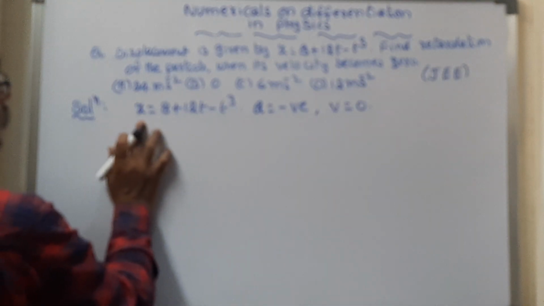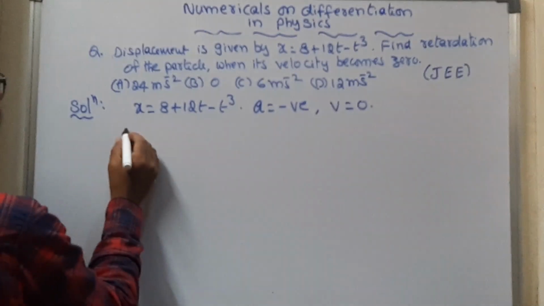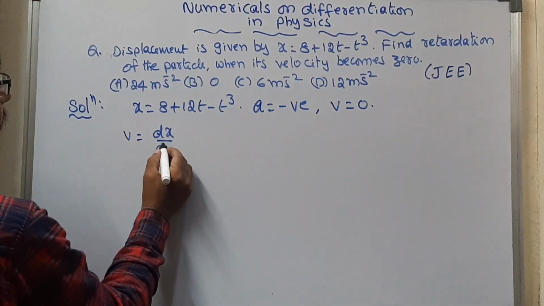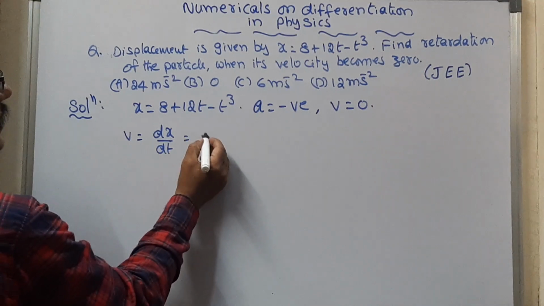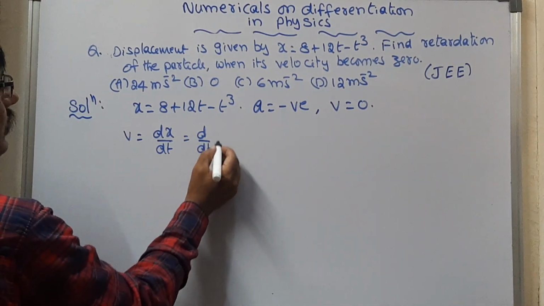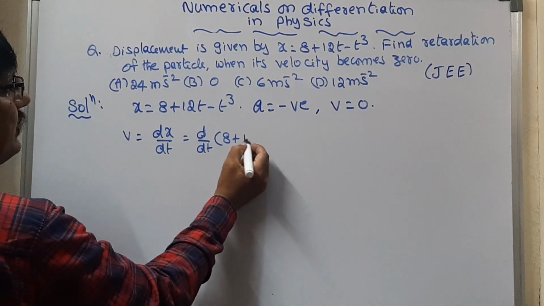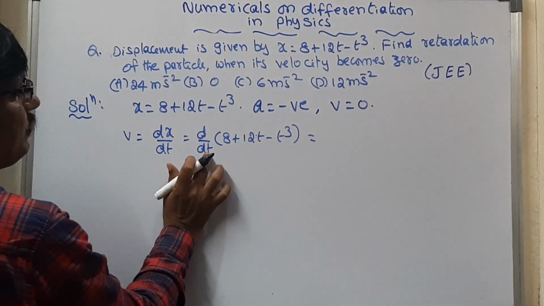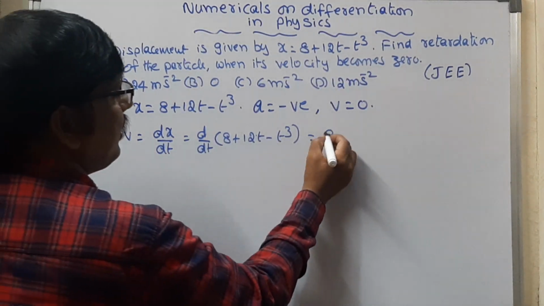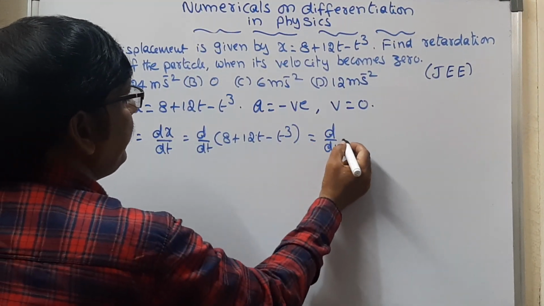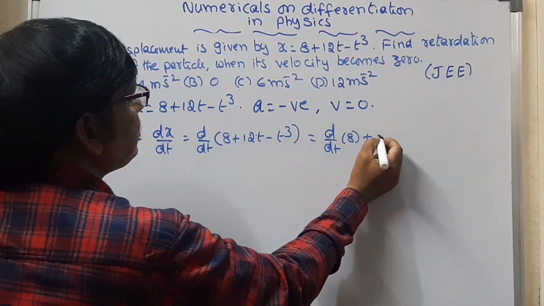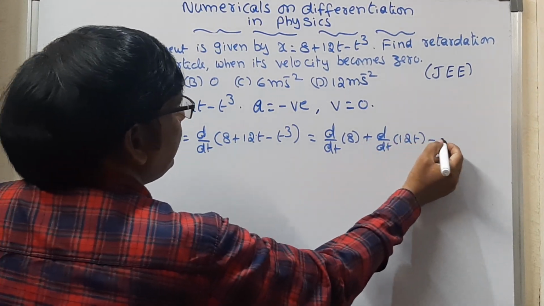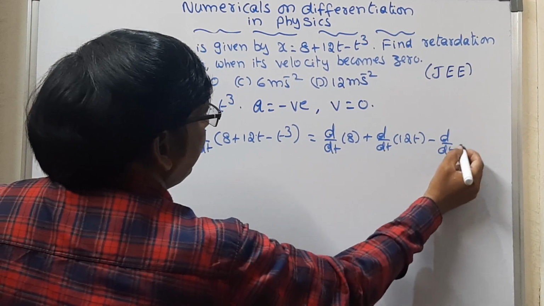First of all, let us take velocity. v is equal to dx by dt, that is velocity, so d by dt of (8 plus 12t minus t cube). Let us substitute everything: d by dt of 8 plus d by dt of 12t minus d by dt of t cube.